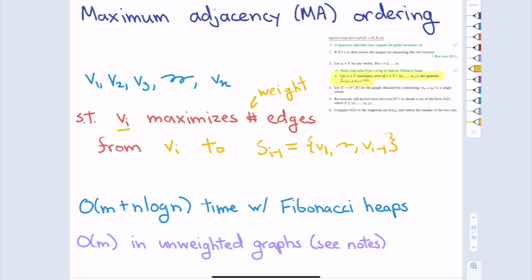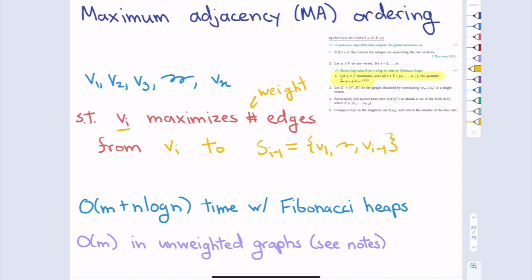And you can do this quickly with Fibonacci heaps, where you're just keeping track for each vertex. You've already taken 10 vertices, and then you have n minus 10 vertices left. You want to figure out which of these vertices has the most edges to the first 10 vertices. So we can have a heap that keeps this score.